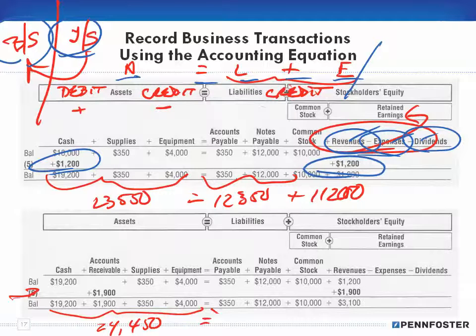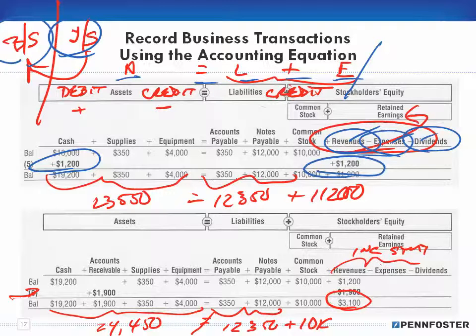And that's going to equal our liabilities of 12,350 plus our equity accounts, which is $10,000 for stock. And notice that the accounting equation isn't in balance because we still have $3,100 that is over on our income statement right here.